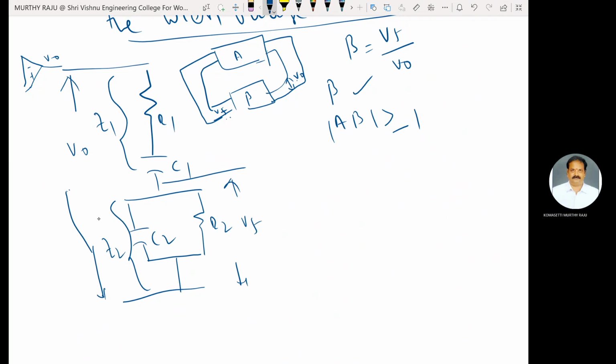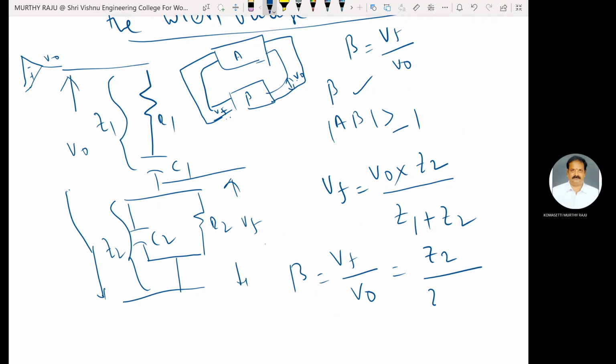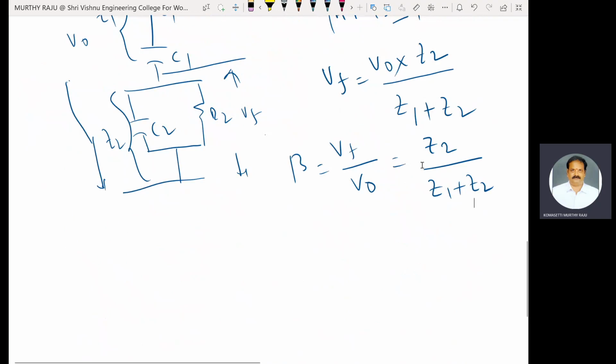According to voltage division rule, VF is equal to V0 into Z2 by Z1 plus Z2. Therefore, beta is equal to VF by V0 is equal to Z2 by Z1 plus Z2.